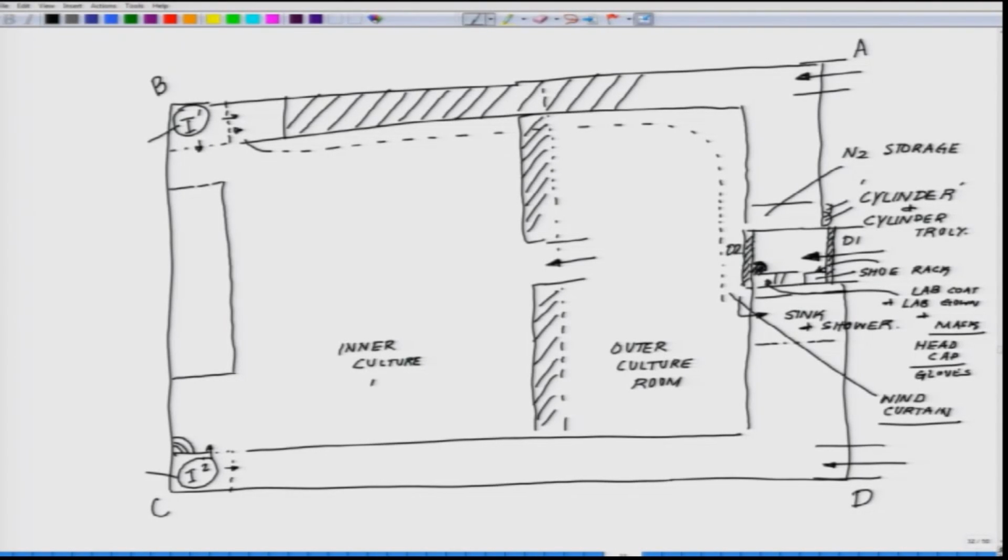Inner culture room. Okay. Now, see for example, you have the sink and shower I have already mentioned. So, say for example, you are entering through this door, you get all dressed up. So, this is in blue, I am showing the dressing area, you get all dressed up. Then the next thing, you enter inside the lab. Okay, here I just made a small mistake.